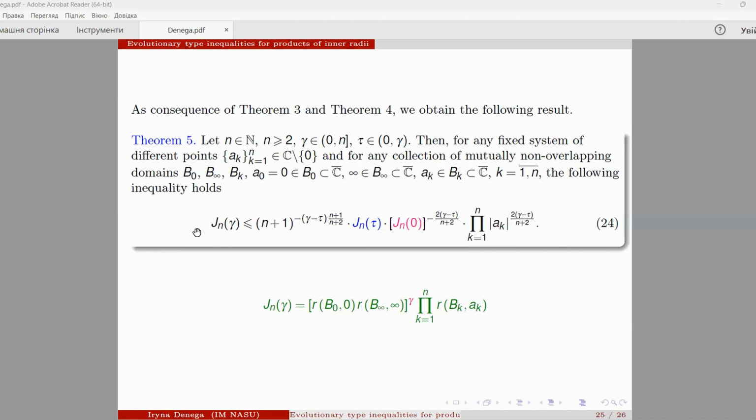In this inequality also, the functional J_n of gamma is determined by the initial value of the functional J_n of 0 and the intermediate value of the functional J_n of tau.